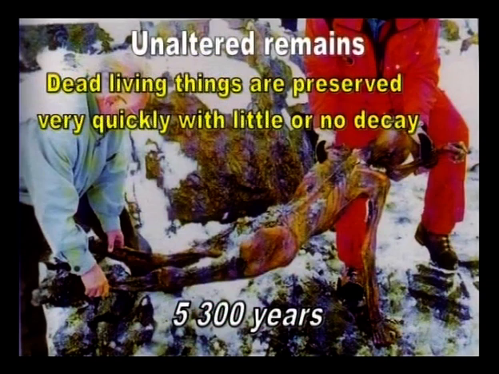If you have a look at the picture, you will see that's a body of a human. It should be 5,300 years old. And it was discovered preserved, not much decayed. That is actually what happens to some living things, animals and plants.